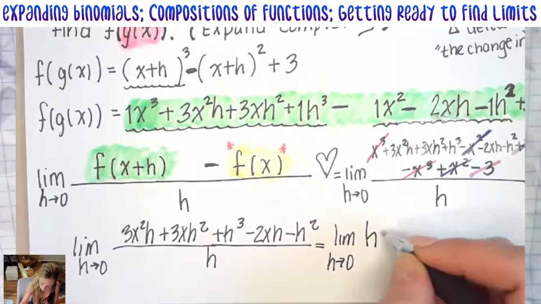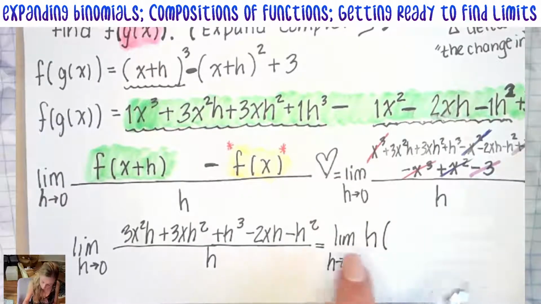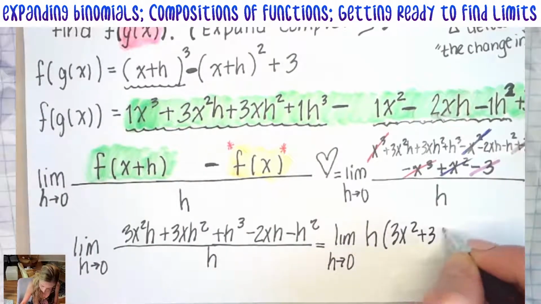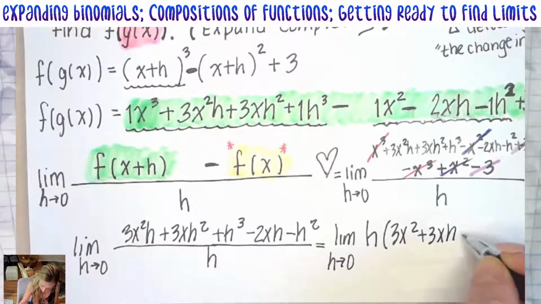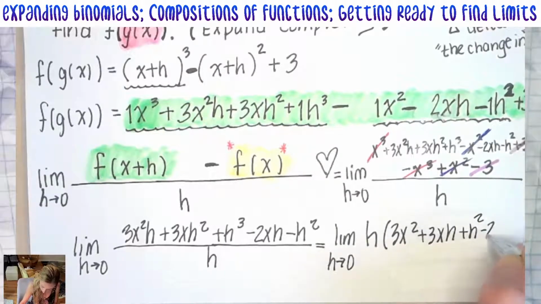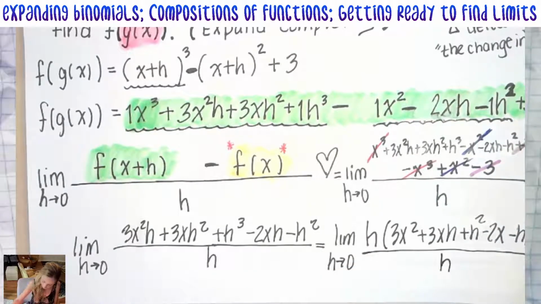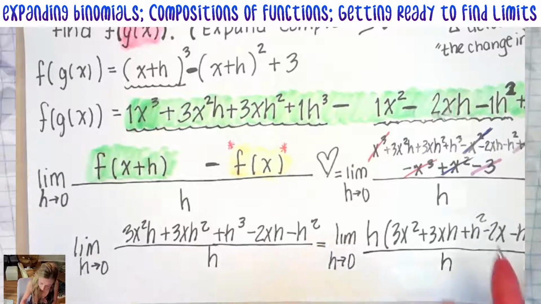So I'm going to pull an h out of everything in the numerator. That leaves me with 3x squared plus 3xh plus h squared minus 2x minus h all over h. Since I factored an h out, I undistributed an h from every single term.